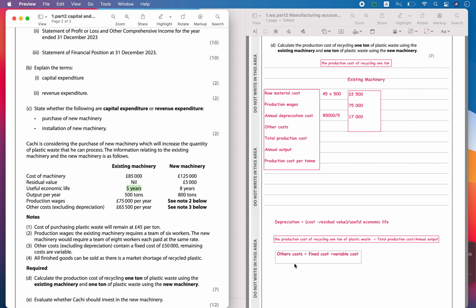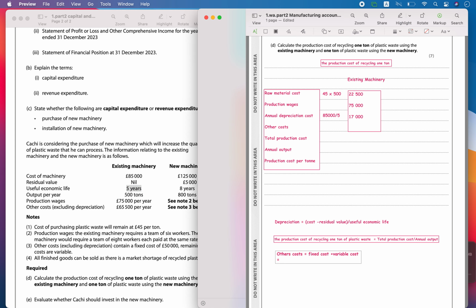So the fixed cost is 50,000 he has given, plus the variable cost is going to be some R times, I don't know the value, and it is going to vary with the output produced, so 500 tons, and that is going to be equal to 65,500.